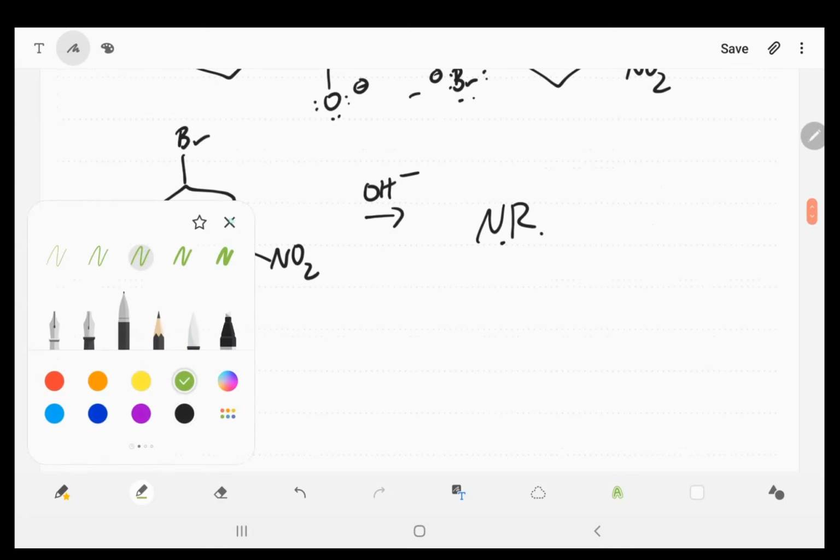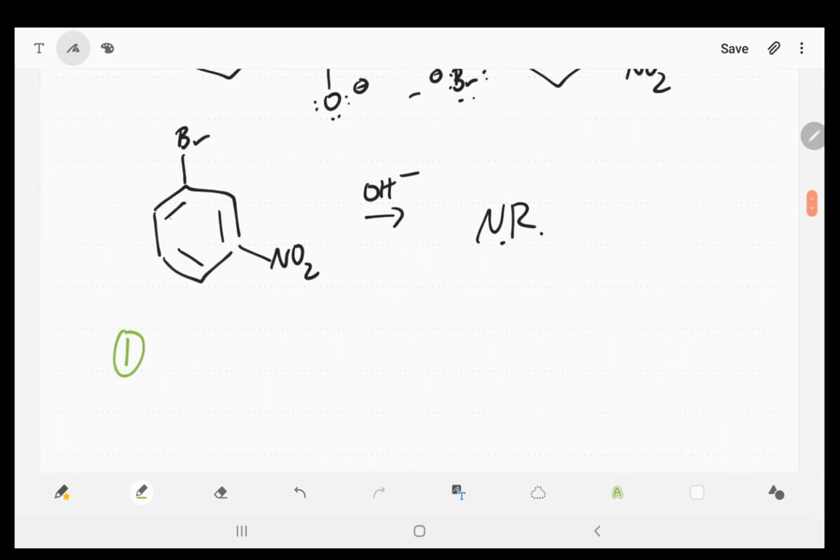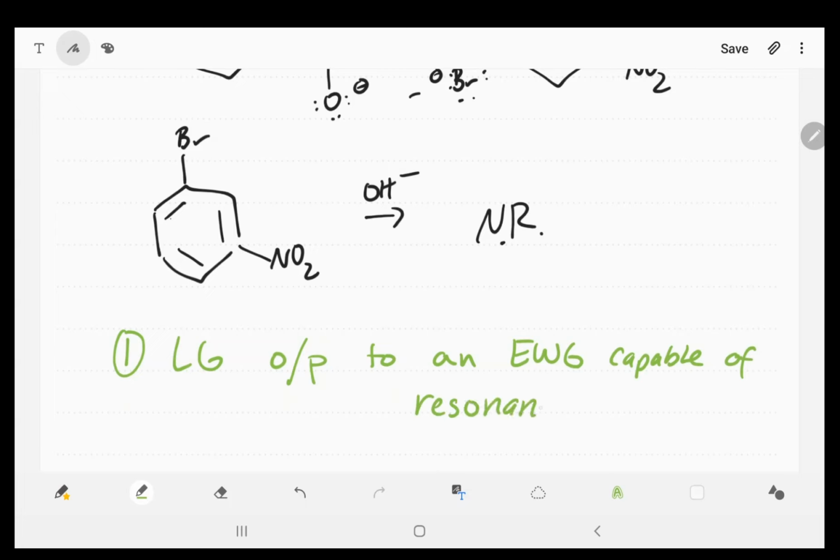So the first thing you need for an NAS reaction is a leaving group that is ortho or para to an electron withdrawing group capable of resonance. Actually, I've put these together in one, so this is what you need for nucleophilic aromatic substitution.